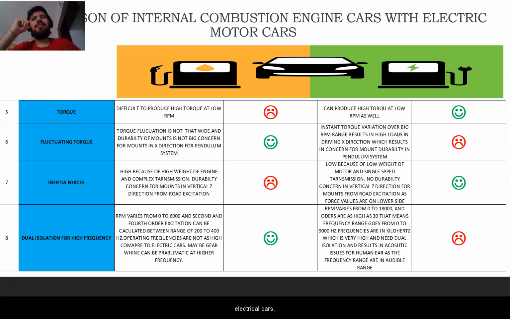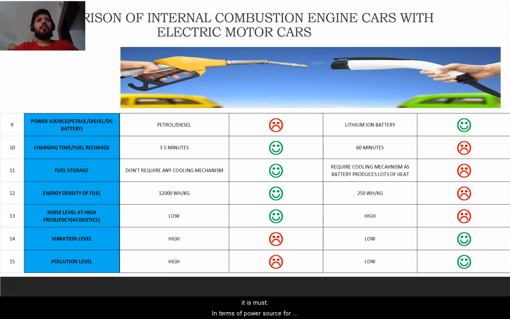Dual isolation, the clear winner is petrol diesel car because the frequencies are not very high and we don't need it, but in case of electrical vehicles it's a must. In terms of power source, for petrol and diesel vehicles, the fuel is petrol or diesel, and for electrical cars it is lithium ion battery.